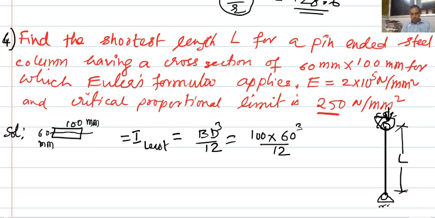Please do not take D equal to 100, that is where you will make a mistake. I told you already, like a scale, it is going to buckle with respect to the least dimension side. You should not forget that part. So this equals 18 into 10 power 5 millimeter power 4.